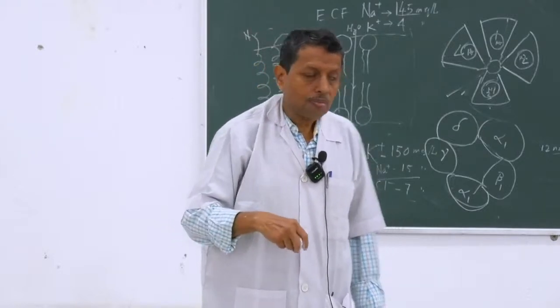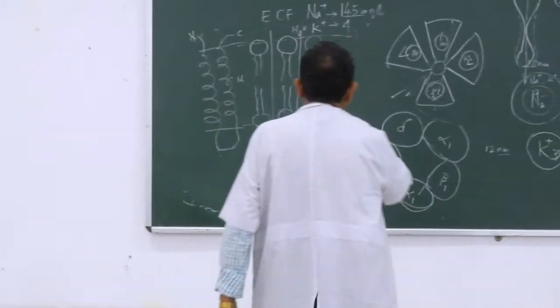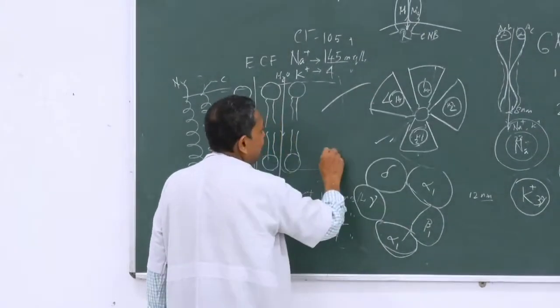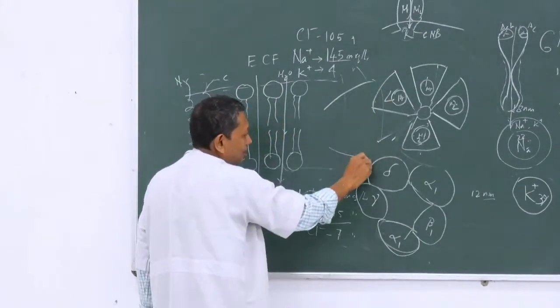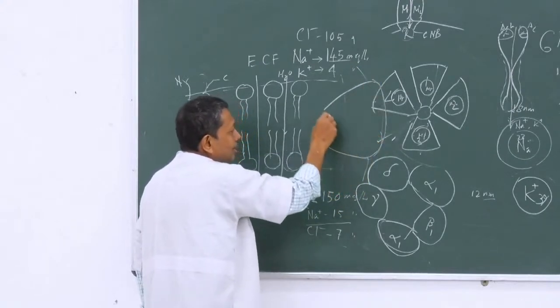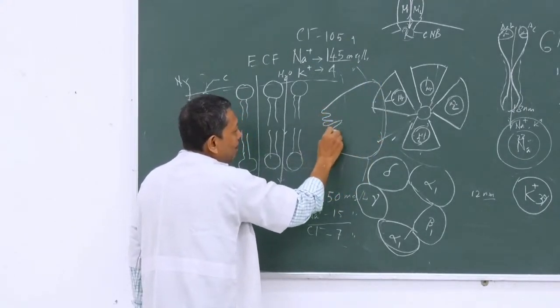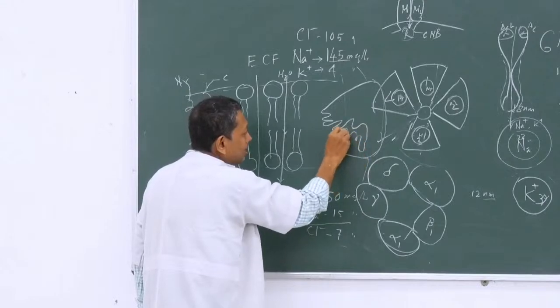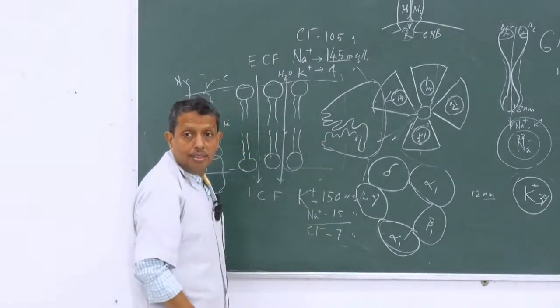potassium, from low concentration to high concentration. Suppose this is the parietal cell, at the surrounding part there is this, and whenever it is secreting, the canaliculi unite with this.